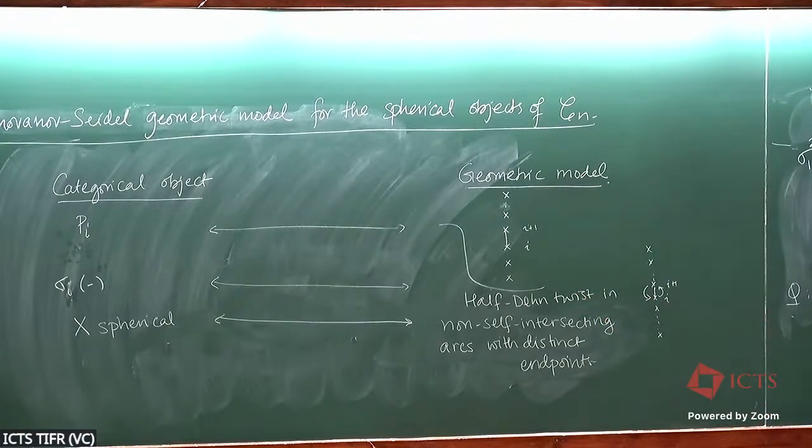And I'll end with mentioning some future questions, because all of this was a very specific example. So what can you do in other cases, or what questions can you ask?